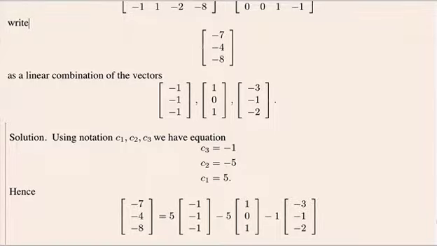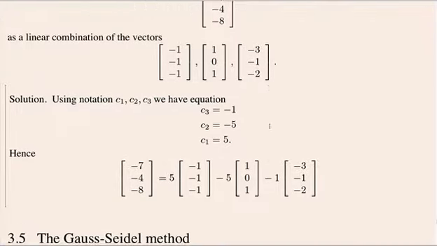That means that this -7, -4, -8 vector can be written as the unique linear combination of these vectors with coefficients 5, -5, and -1. Make sure you keep the same order. So C1 is multiplying the first vector, C2 the second vector, and C3 the third vector.